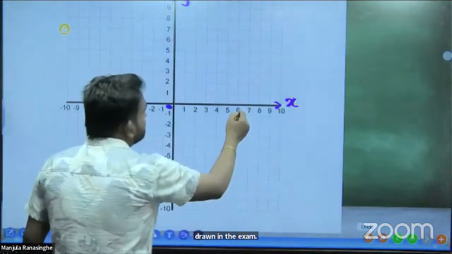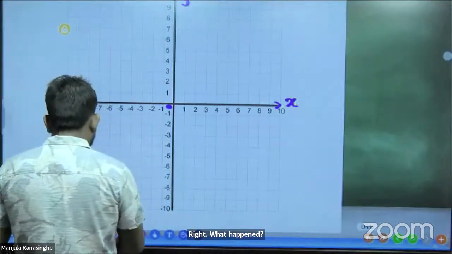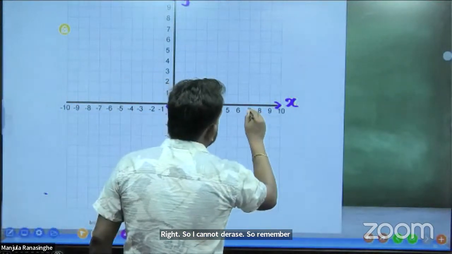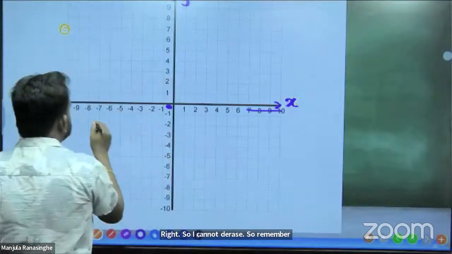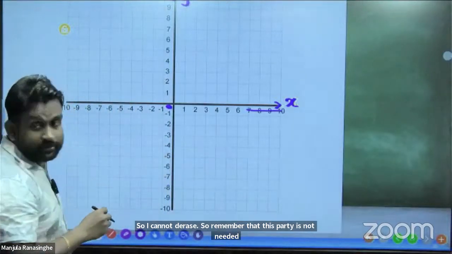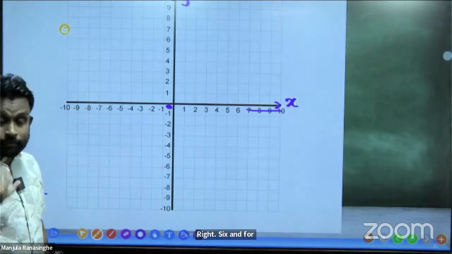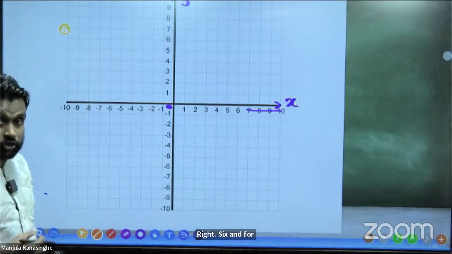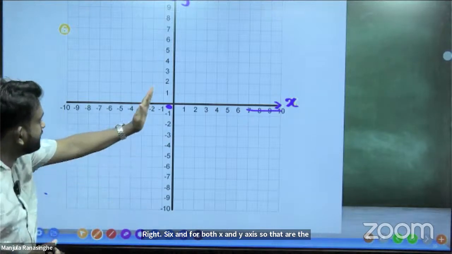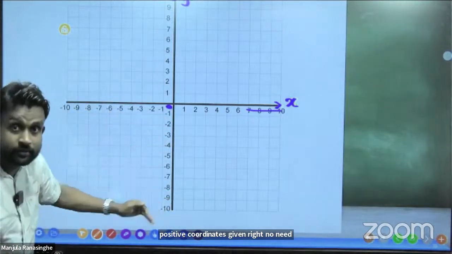So I cannot erase, but remember that this part is not needed because they are saying 6 units for both x and y axis. Those are the positive coordinates given. No need to draw the negative coordinates even.